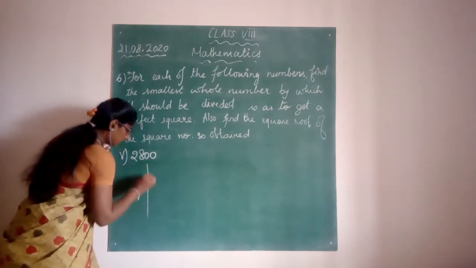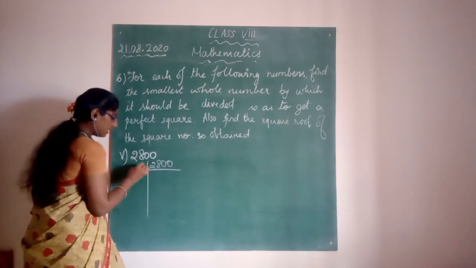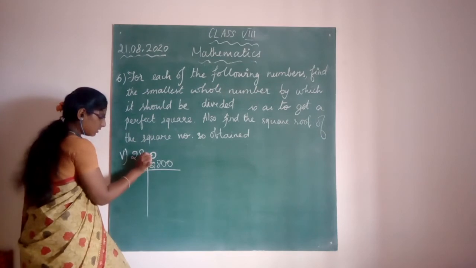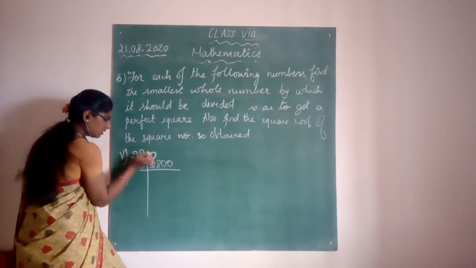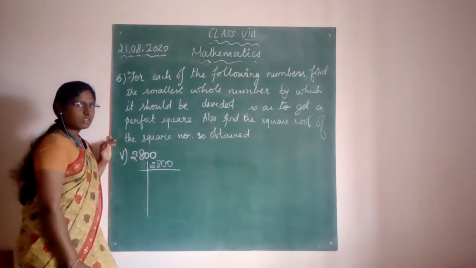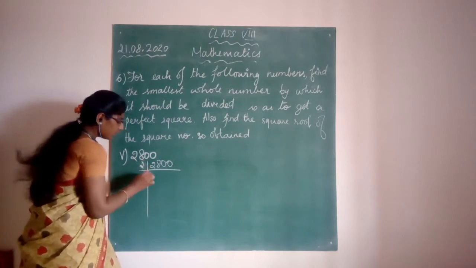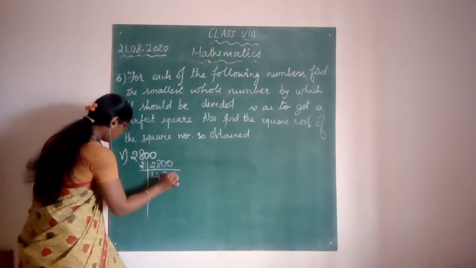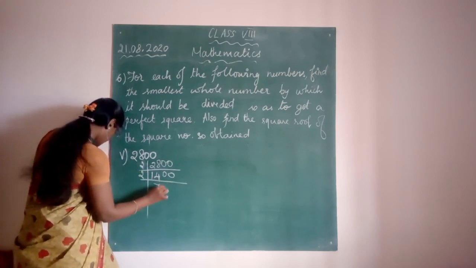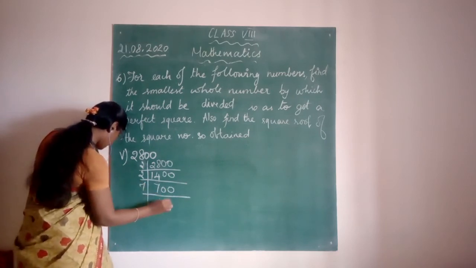Start prime factorizing it. 2800. Start with 2 table. 2 ones are 2, 2 fours are 8, 0 0. Then you have 2 sevens are 14, 0 0. Then you have 7 table. 7 ones are 7, 100.